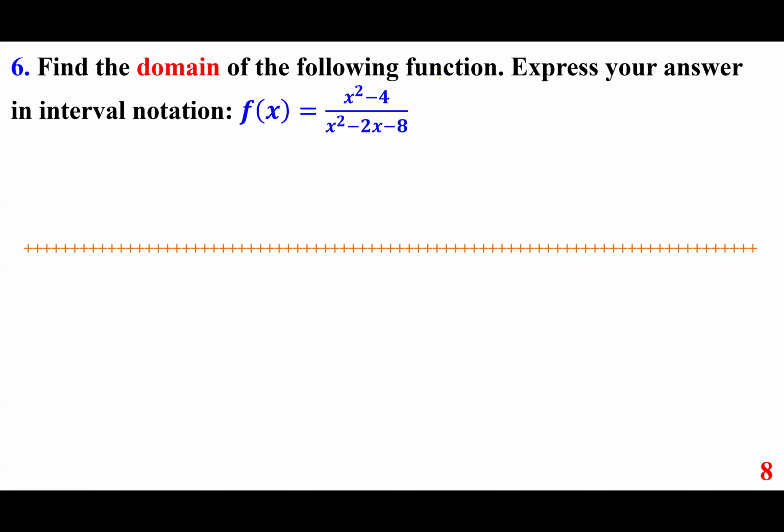Express your answer in interval notation. F of x is x squared minus 4 over x squared minus 2x minus 8. As you recall, when you want to find the domain of a rational function, you set the denominator equal to 0 and you exclude them.